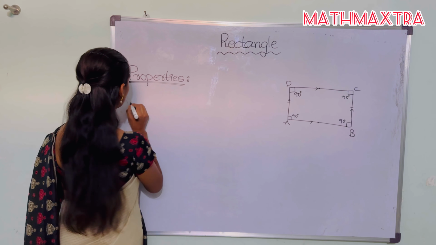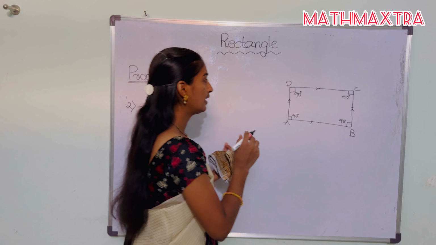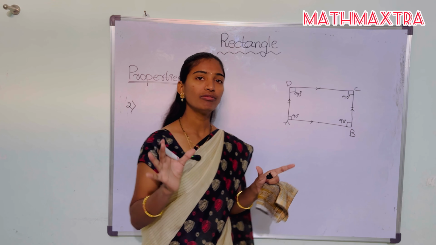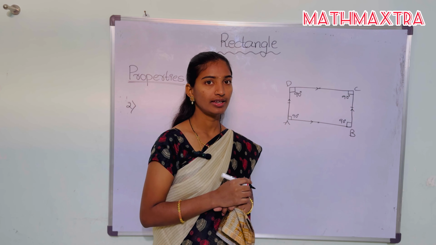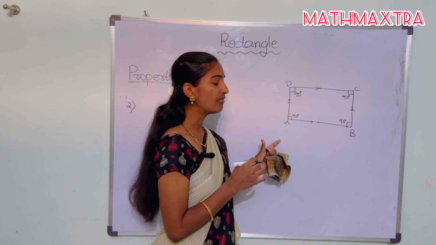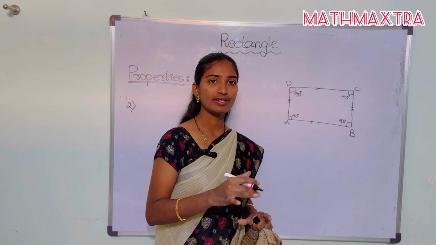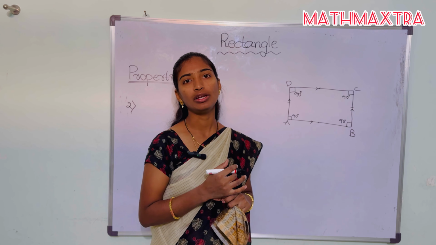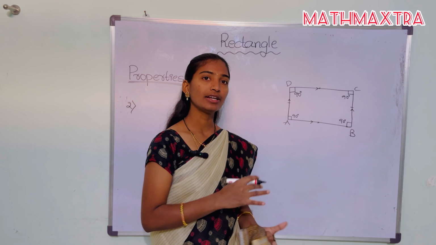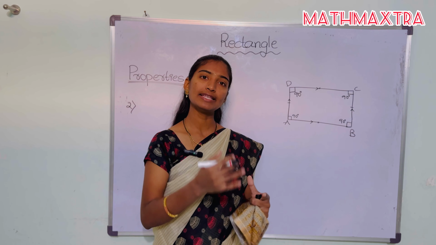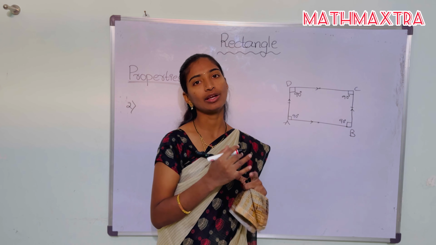The second property is, in the case of a parallelogram, we have seen the diagonals always bisect each other, isn't it? In the case of a rectangle, along with the bisection, they are also equal. So the diagonals of a rectangle bisect each other and they are equal.